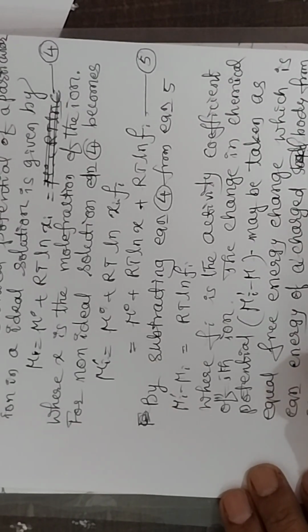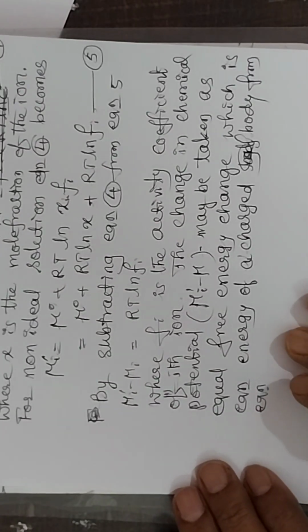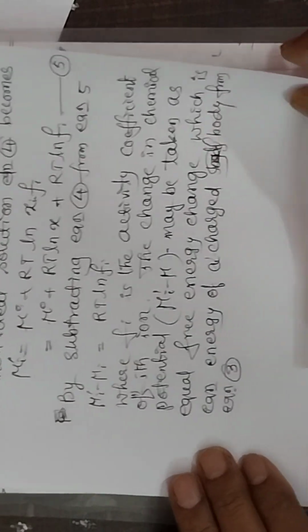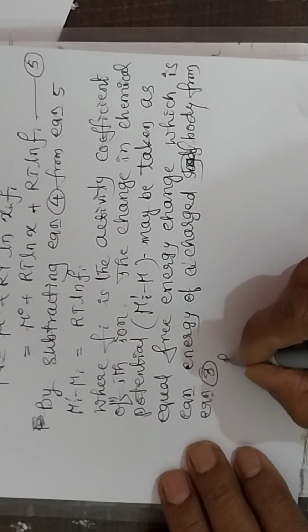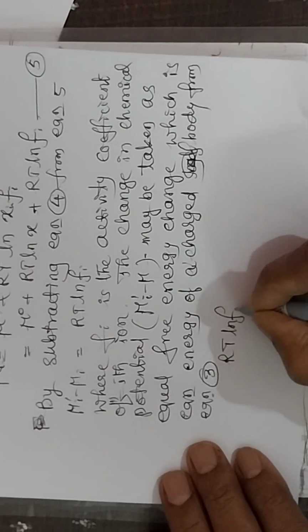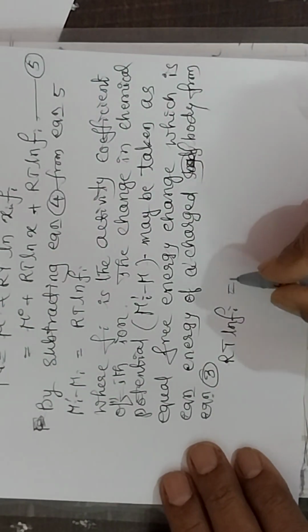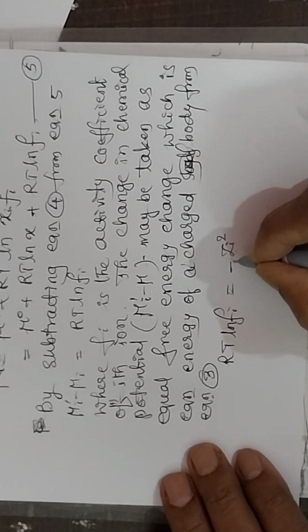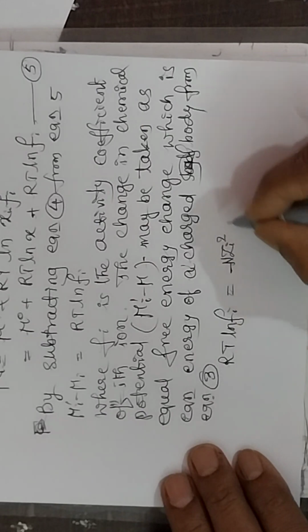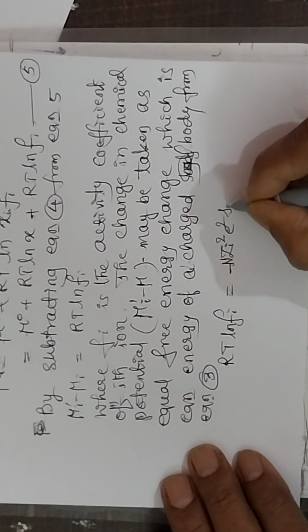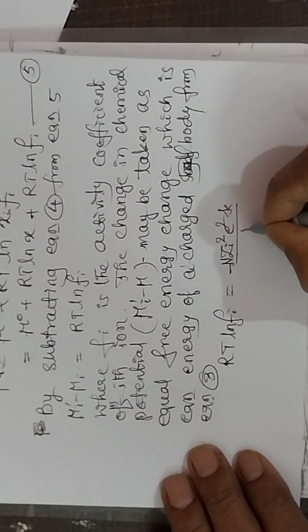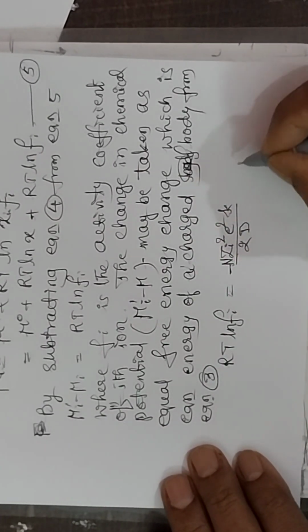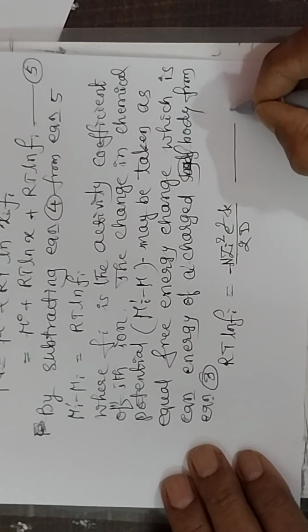From equation 3, RT ln fi is equal to the energy of the body, minus N Zi square e square kappa divided by 2D. Suppose this is equation 5.